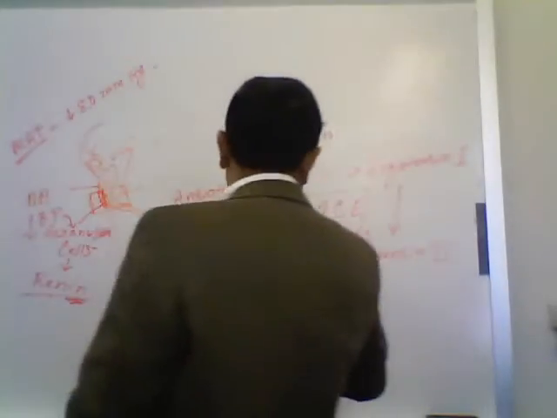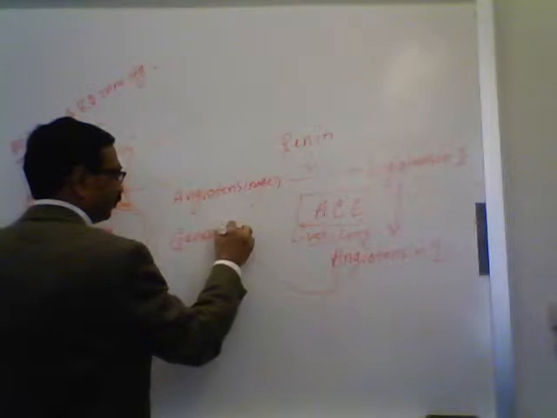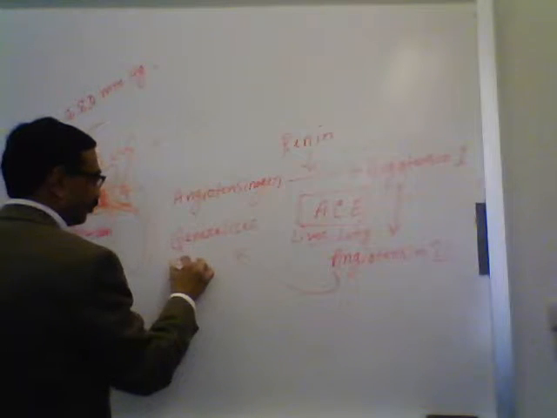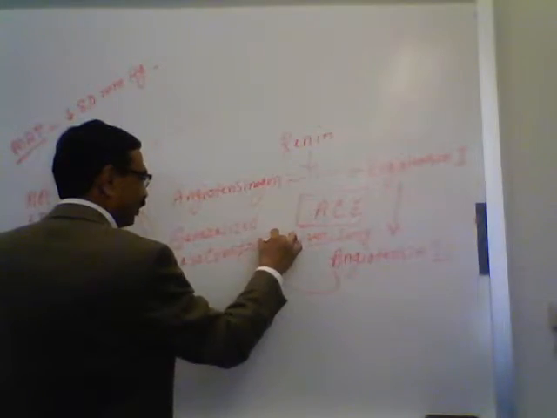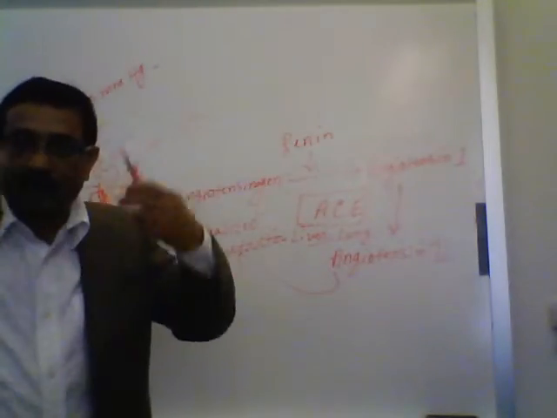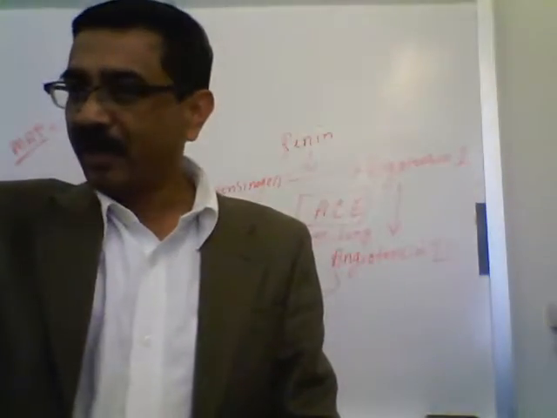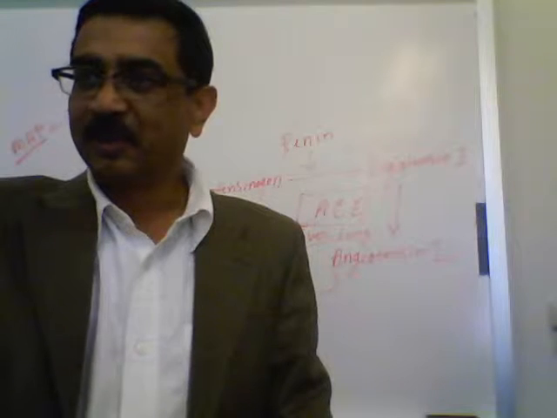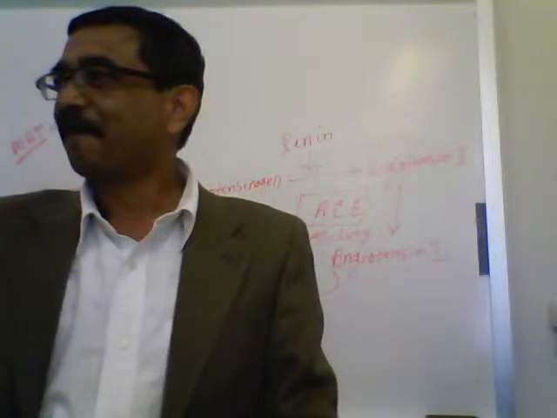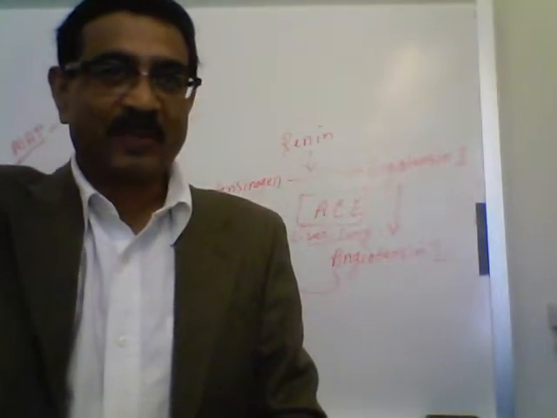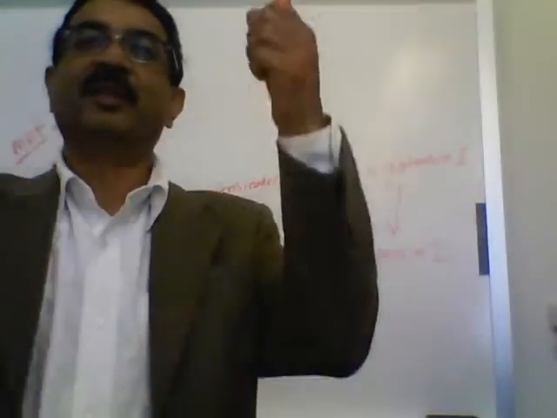Now the angiotensin 2 causes generalized vasoconstriction. You know that. Generalized means everywhere in the body, right? Not localized. Vasoconstriction will increase the blood pressure, right? Vasoconstriction everywhere in the body occurs, and that causes the increase of blood pressure.